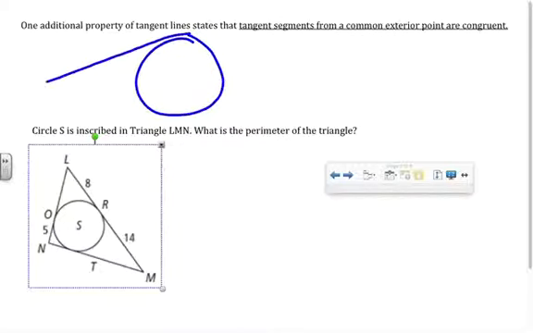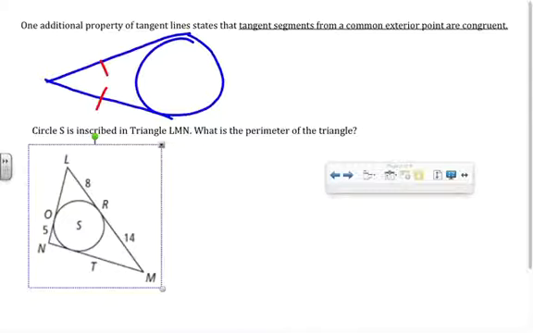If I have a circle drawn a little better than that, and I have two tangent lines to it, pretending that Mrs. Clouse can draw better than what you see up here, if these two tangent segments are touching the circle at exactly one point, then these two segments are congruent to each other.